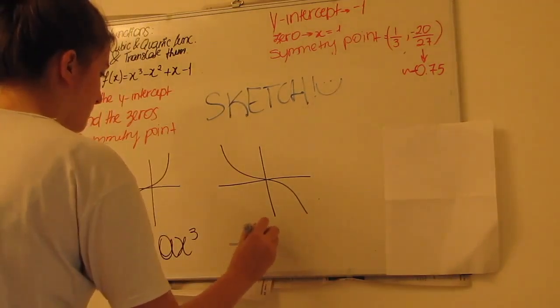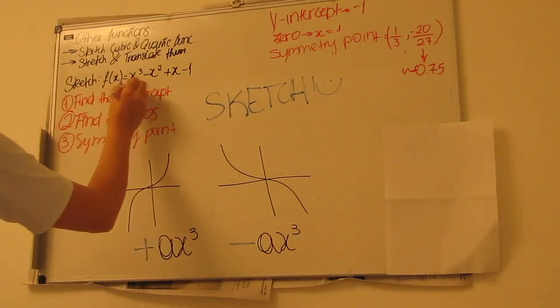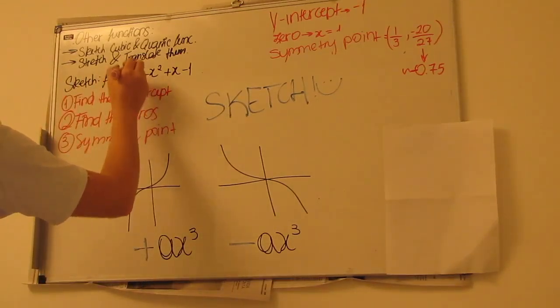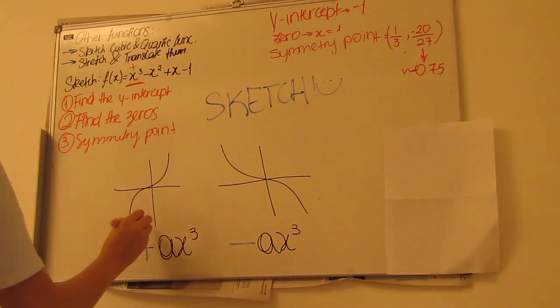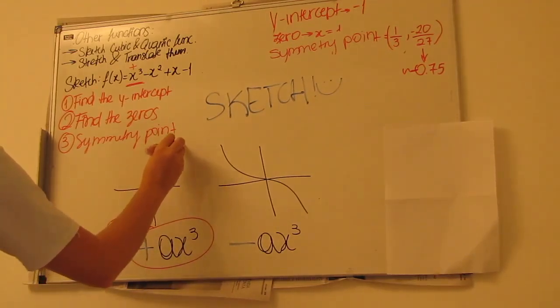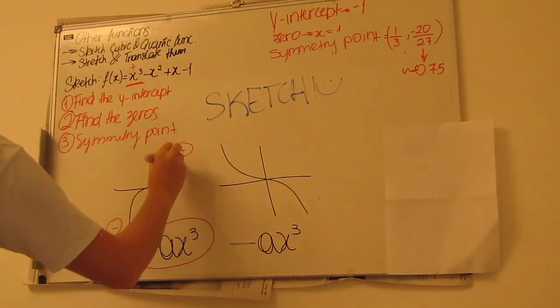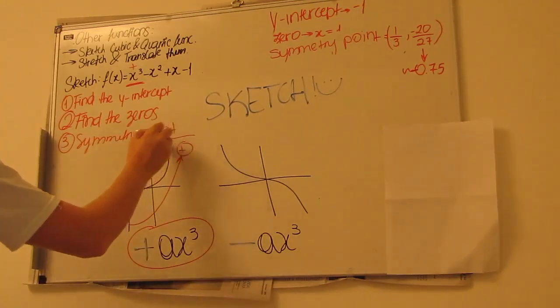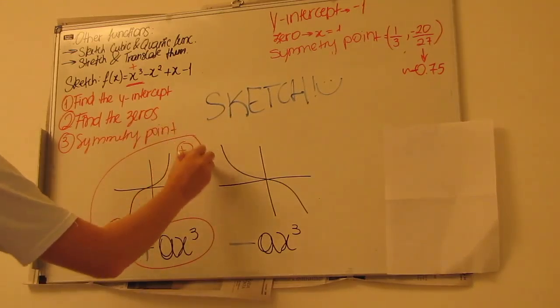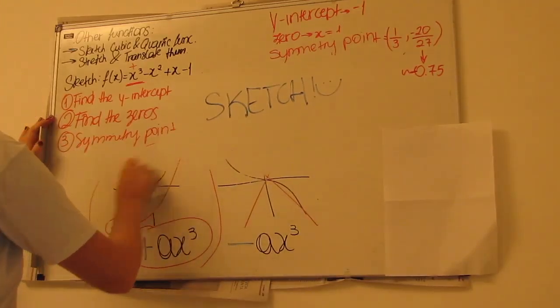When there's a positive a, it flows from a negative to a positive, and when there's a negative a, it flows from a positive to a negative. This is very important to look at before you actually sketch a graph, because that will help you see the graph as you sketch it with the other information. So we know that our a is positive, and that we're going to be using the direction that flows from a negative to a positive.